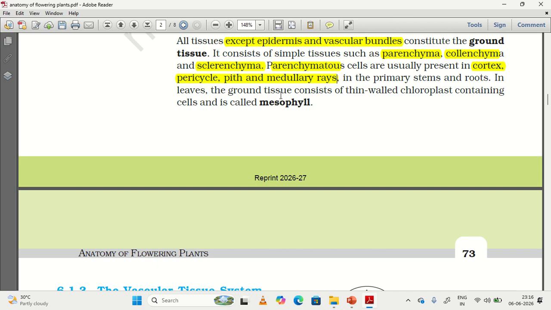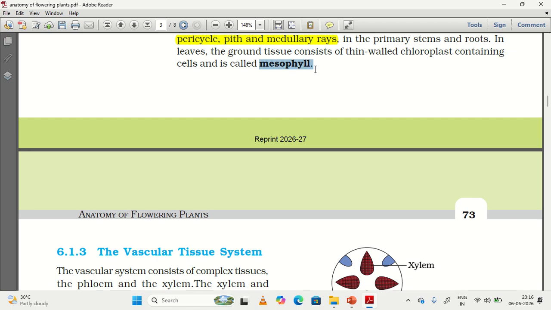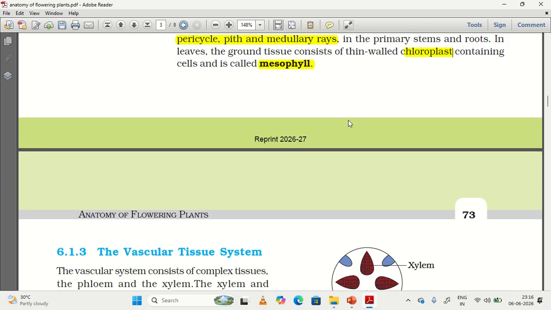In the leaves, the ground tissue consists of thin-walled chloroplast containing cells. We call them mesophyll. You must have come across mesophyll cells in photosynthesis. They aid in photosynthesis since they have chloroplasts, which contain chlorophyll pigment.